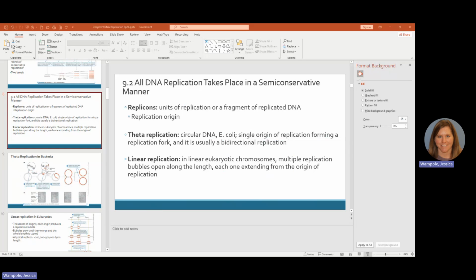And every time one is added, they basically bring in their own energy in the form of these phosphate groups and use that energy to catalyze the bond that happens between that OH group and the phosphate group. So those two phosphates are broken off. The energy is used instead to build that bond here between the OH and the phosphate.